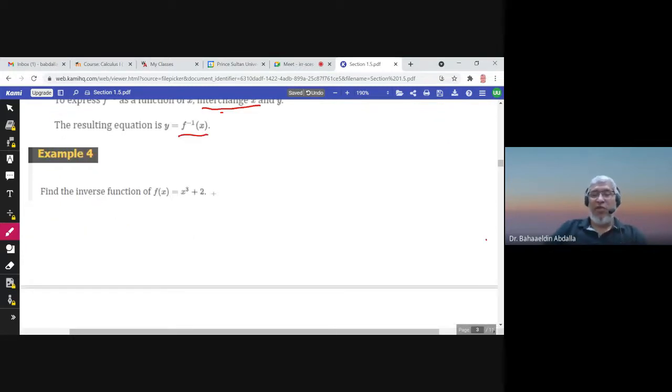Find the inverse function of this function. So again, first step is to write y instead of f of x. And then we solve this equation for x. To solve it for x, I will take 2 to the other side. And then I will take the cube root of both sides.